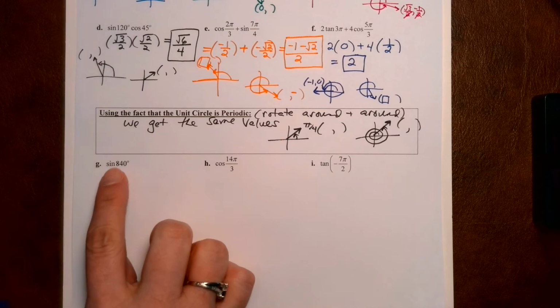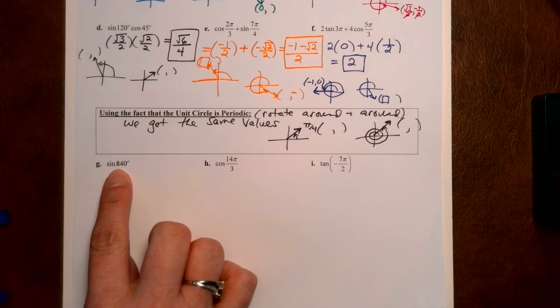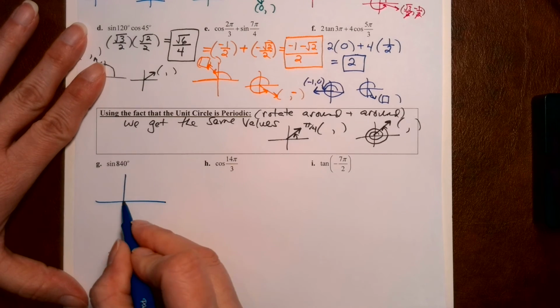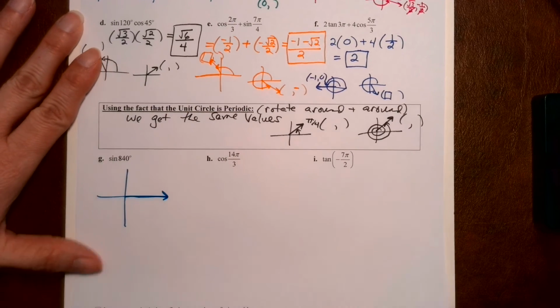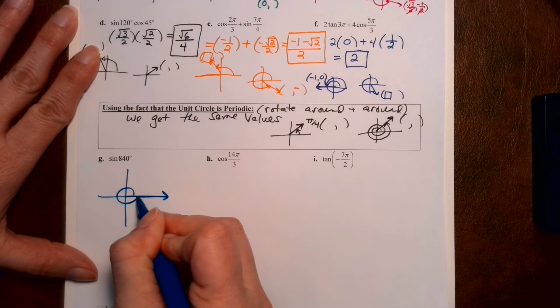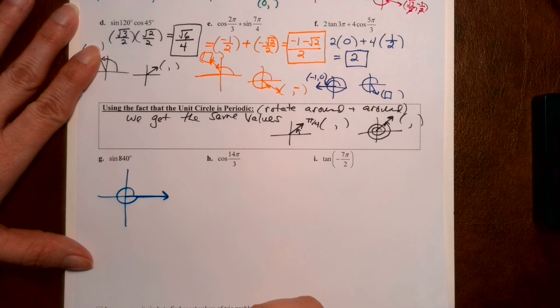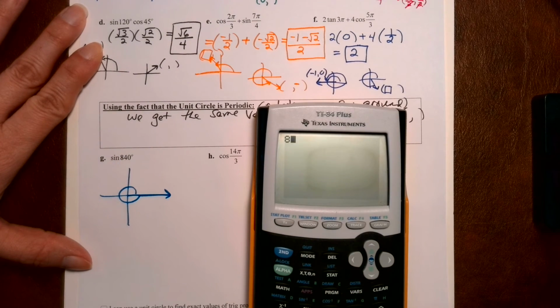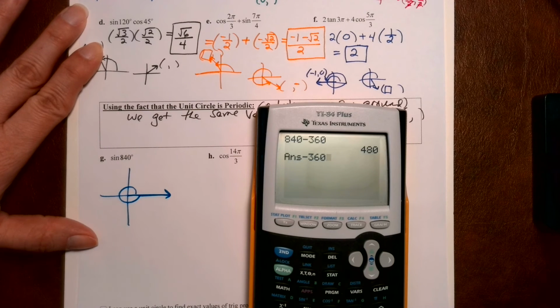Okay, so for example, to figure out the sine of 840 degrees, I have to figure out where that is. So how many times are we going to swing around? If I go all the way around, that's 360. So maybe what we could do here is figure out how many times. 840. Let's see, if we take off 360, I could take off another 360. That's a full circle.